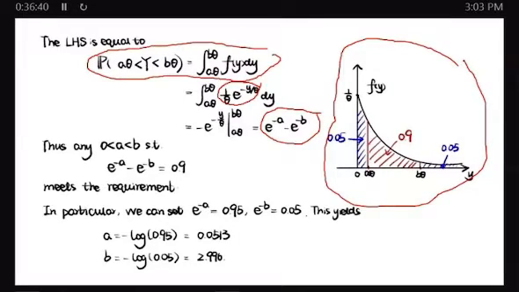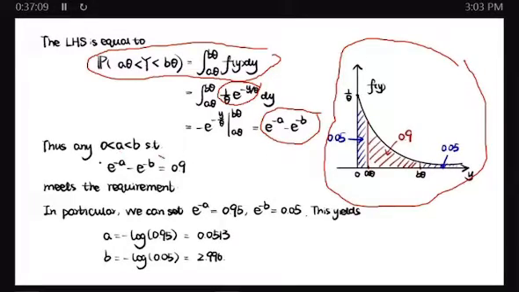Now, we're going to make a certain assumption. If you look at the graphical expression, you're going to see the red line. 0.9 actually falls between 0.05 and 0.95. Let me call this one part.